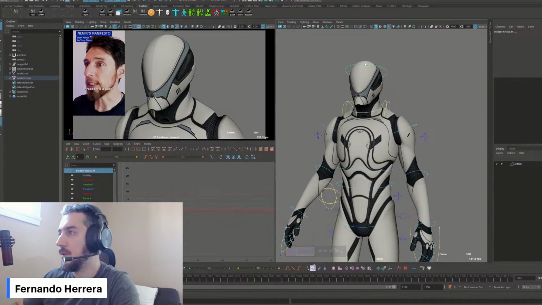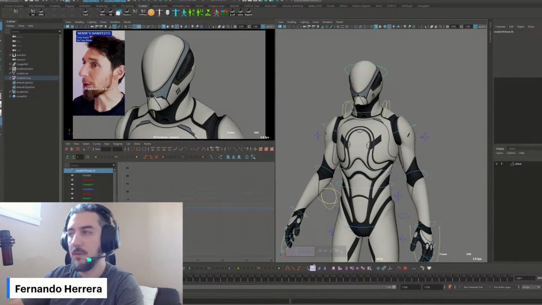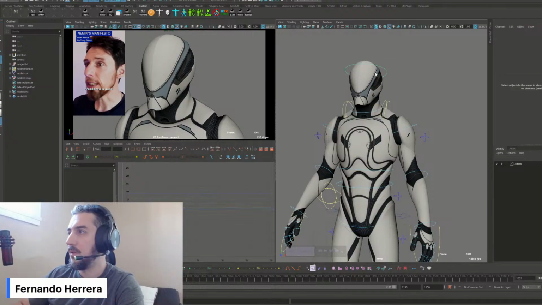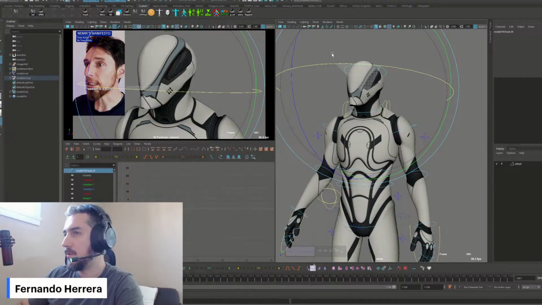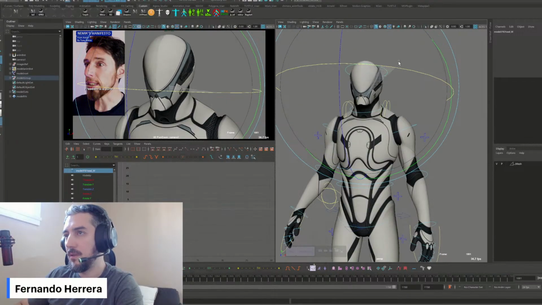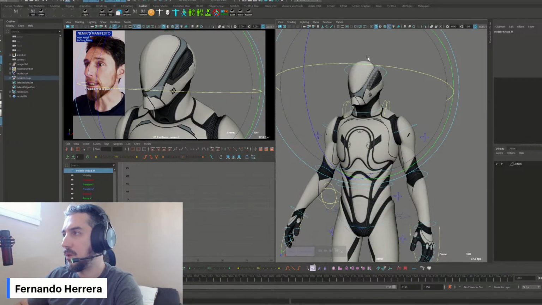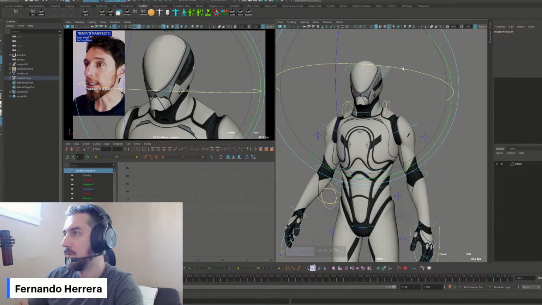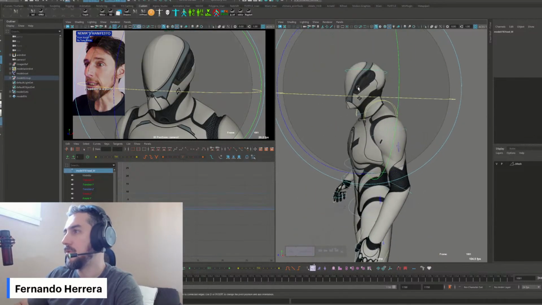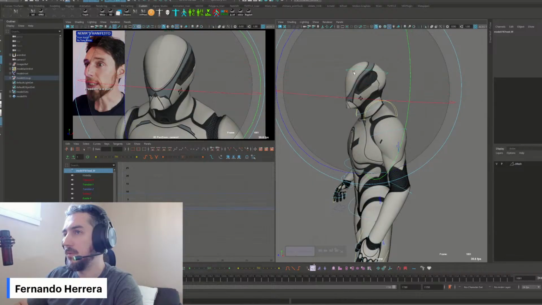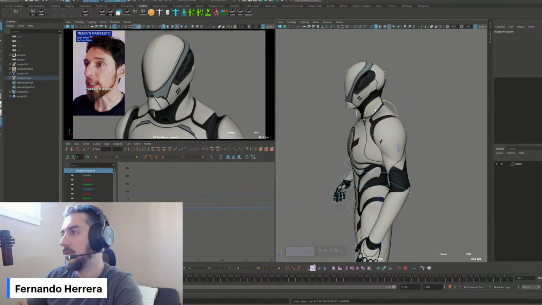Sometimes I'm gonna be using only one, because you see when I rotate here, this rig connects with the neck pretty well. Sometimes, depending on the rig, it's gonna feel very isolated. Sometimes not.